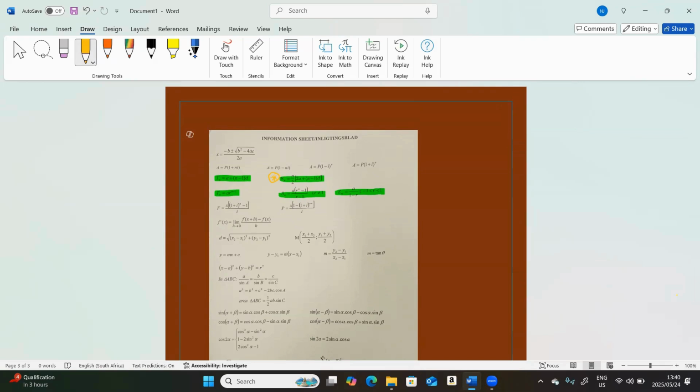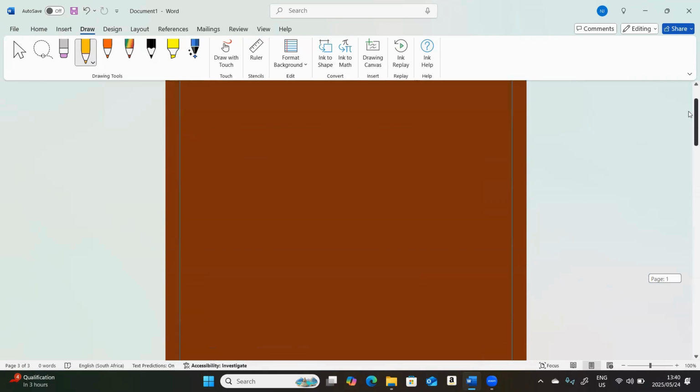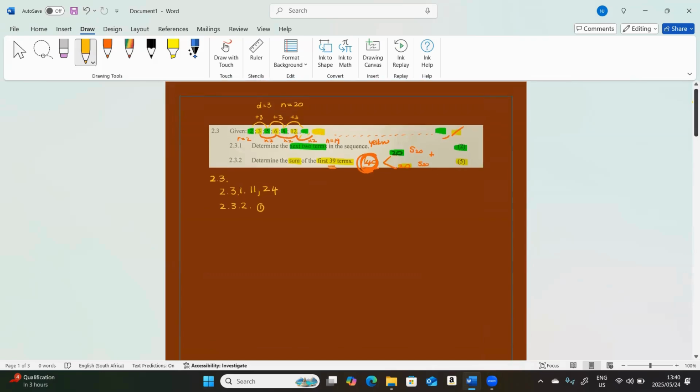The sum to n is n divided by 2 times 2a plus n minus 1 times d, and then that all in brackets. So you go and fetch it from there. It should actually be imprinted already in your memory, but it's fine if you have to go to your formula sheet.